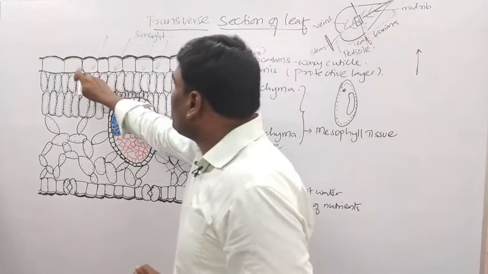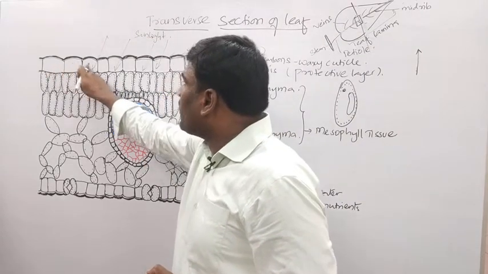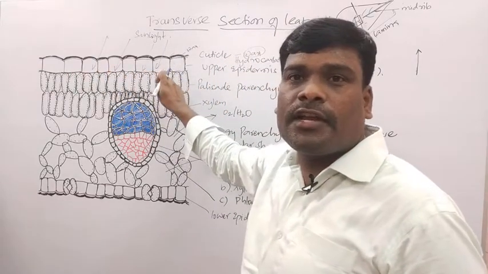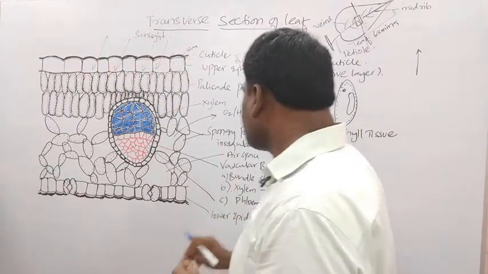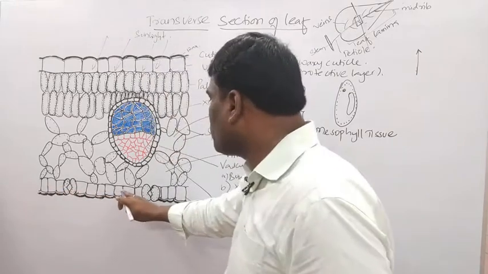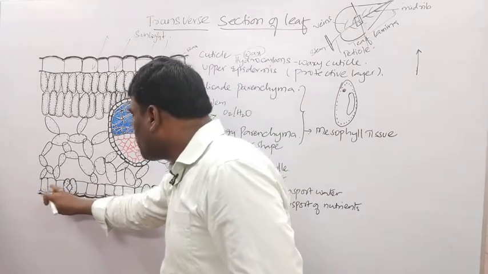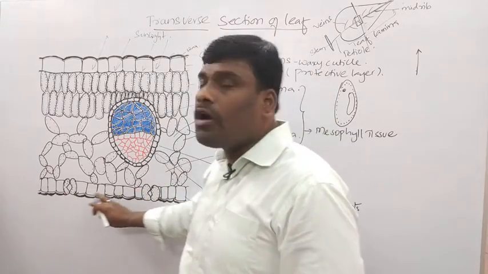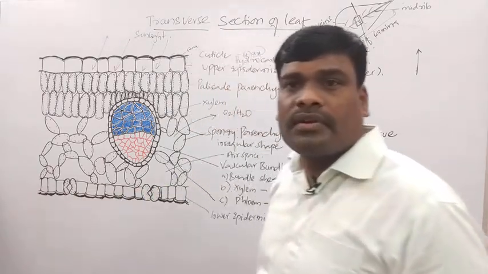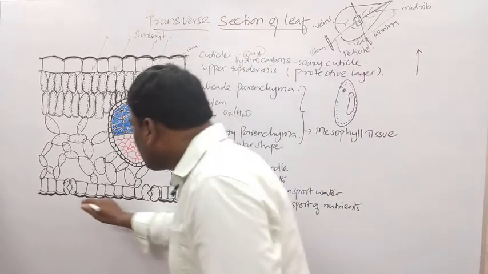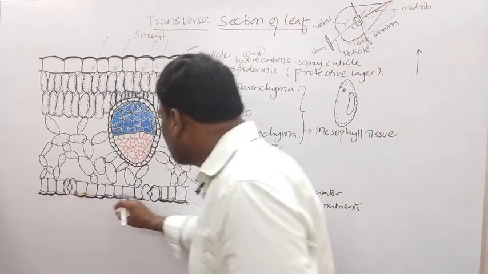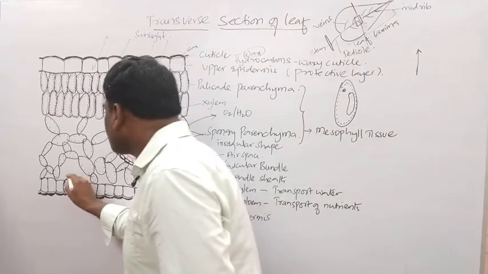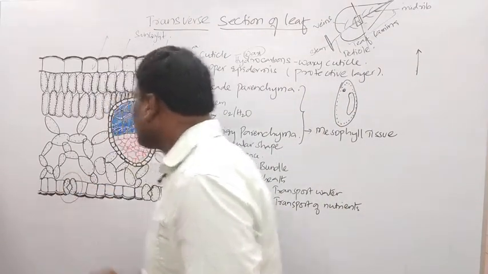In the upper epidermis, all the cells are rectangular, closely packed and continuous. But in the lower epidermis, though they are also closely packed rectangular cells, it is not continuous. It is interrupted by special structures, which we call stomata.